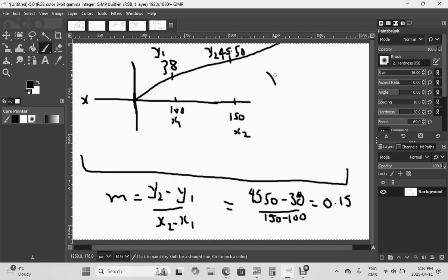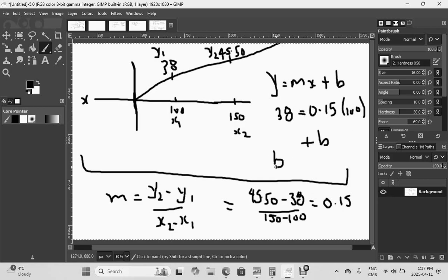We know that y equals mx plus b. This is your linear equation for the line. Our slope is 0.15, and we'll substitute one of the x and y coordinates to solve for b, which is your base fee. Let's say y is 38, your slope is 0.15, and your x, which is your x1 relevant to your y1, is 100, plus b.